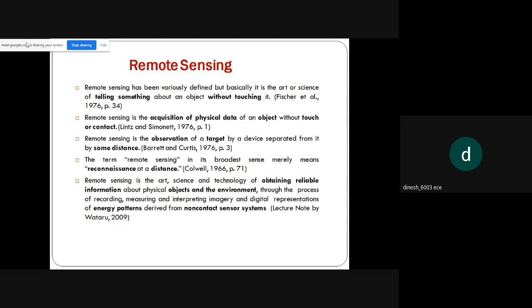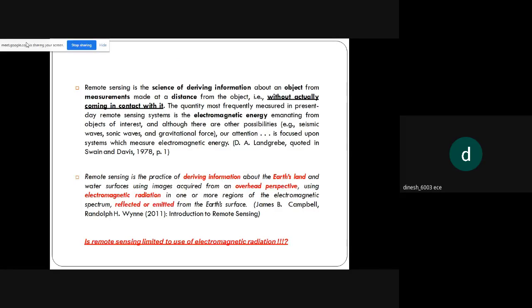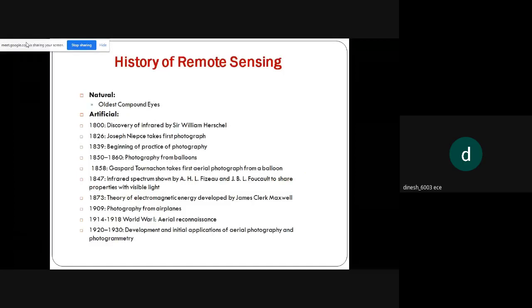Remote sensing is the art, science and technology of obtaining reliable information about physical objects and the environment through the process of recording, measuring and interpreting, but without touching them. The history starts in the 1800s.